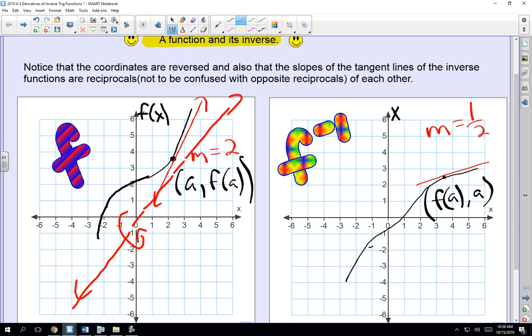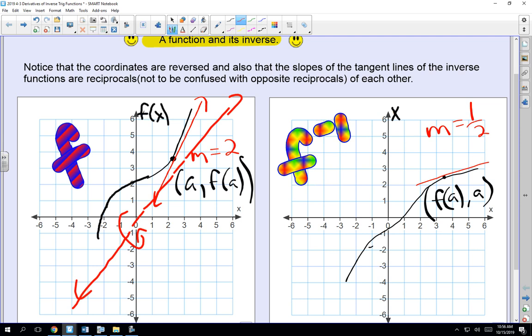The relationship between a function's derivative and its inverse's derivative is that it is not the opposite reciprocal, but just the reciprocal. You can see it here.